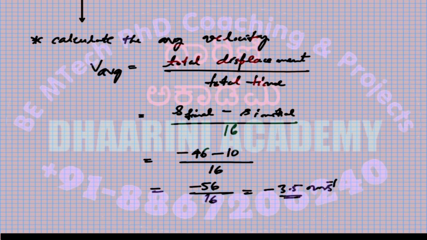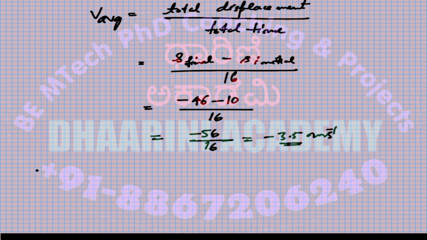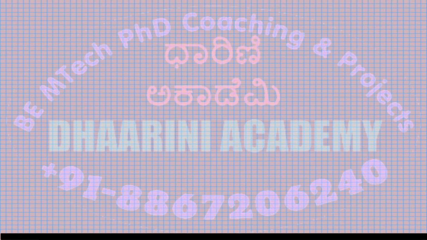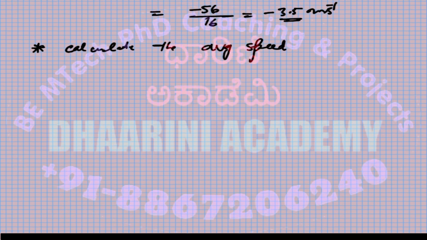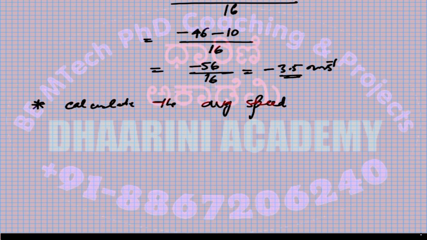Okay. All right. Now I will ask you another question in the same. I want you to calculate the average speed. So if you want to calculate the average speed, you are supposed to calculate the distance covered.